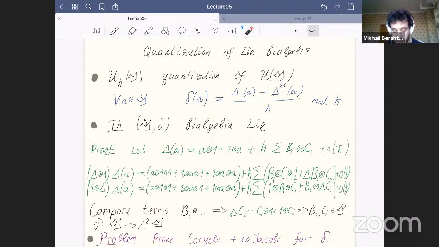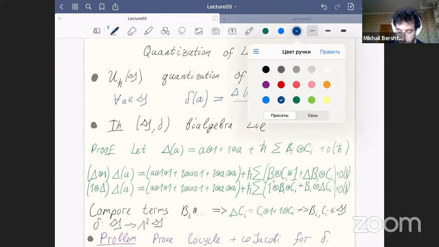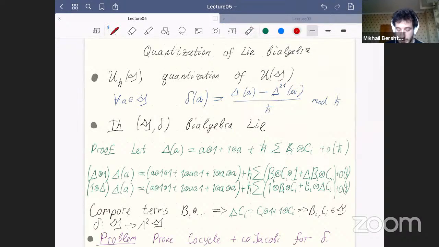But I want to talk about the simplest, first question which we have in this situation, because as defined, delta is a map from G to U of G tensor U of G. But in order to talk about a Lie bialgebra, we need to have a map delta from G to G tensor G, or even better, lambda 2 of G.